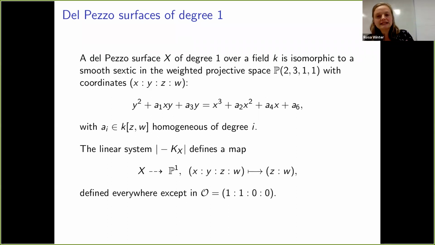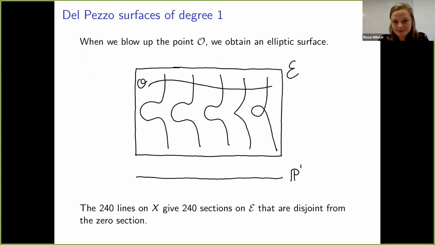And the linear system of the anticanonical divisor defines a map, which is basically just projection on the z and w coordinates. And as you can see, this is defined everywhere, except of course when these are both 0, and that's exactly in 1 point. So this linear system has 1 base point. And when we blow up this base point, we get an elliptic surface.